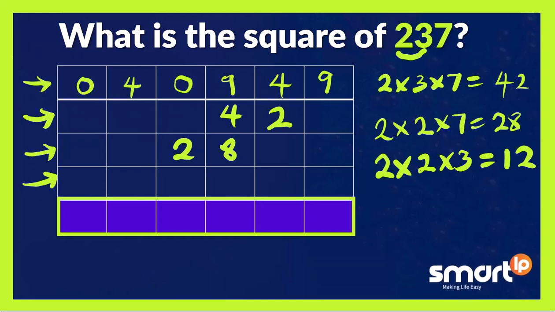So that is 12. So we are not going to write the 2 of the 12 here. So we're following a diagonal pattern. Okay, so the 2 is going to come under this 2, and the 1 will come under it.